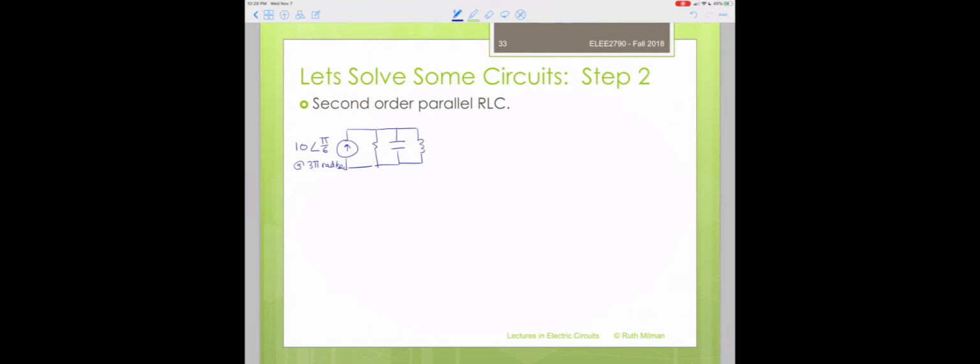We know that if R is equal to 10K, this implies that ZR is equal to 10K. Now we know that if C is equal to 25 nanofarads, therefore this implies that Z for the capacitor is equal to negative j over theta, which is 3 pi, times 25 nano.